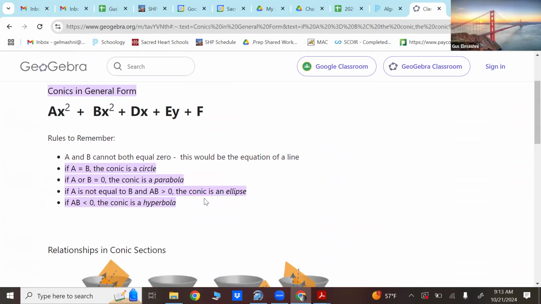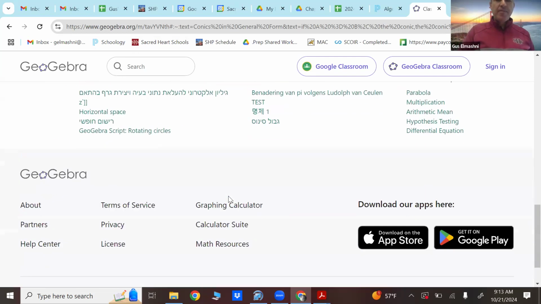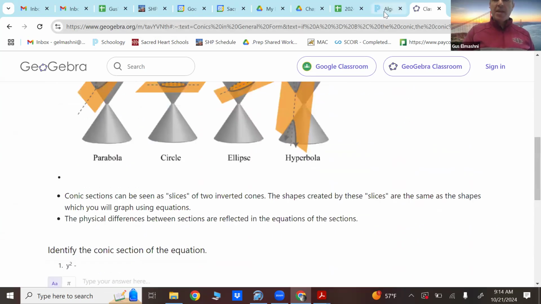Like if you were to have this expanded form, ax squared, bx squared, and whatever y. Actually, that should be a y. That's a typo. It's on Terraform's website. But anyway, if A equals B, it's a circle, and so on. There are all these different rules.